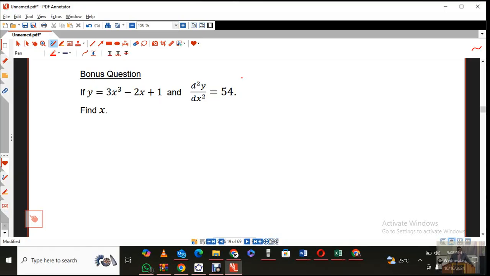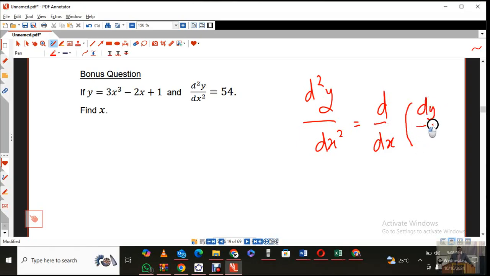So what does d2y over dx squared mean? Well, it means that d by dx, we have to differentiate with respect to x. Okay, so you look at that, multiplying that gives you that.